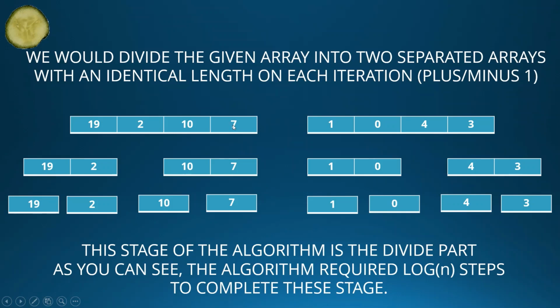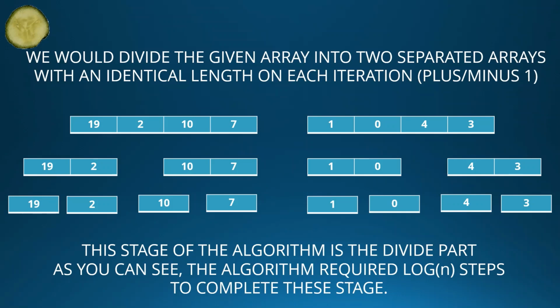Anyway, once we do this, we divide the subarrays into further subarrays until we reach separate arrays of length 1. This stage of the algorithm is the divide part. As you can see, the algorithm required log n steps to complete this stage.